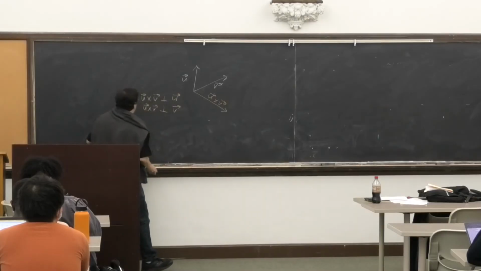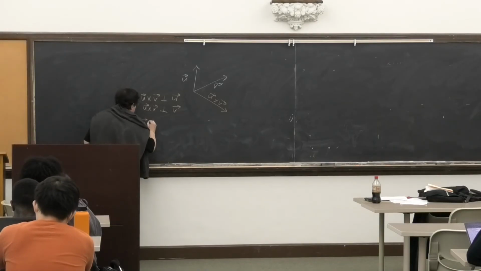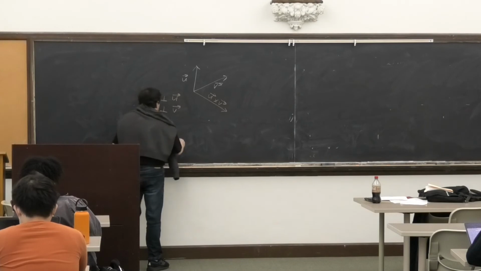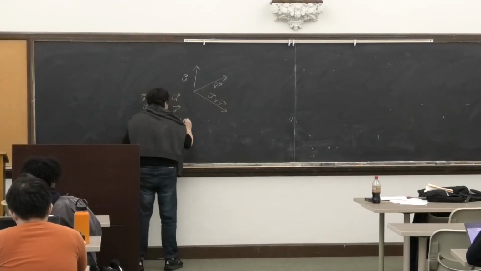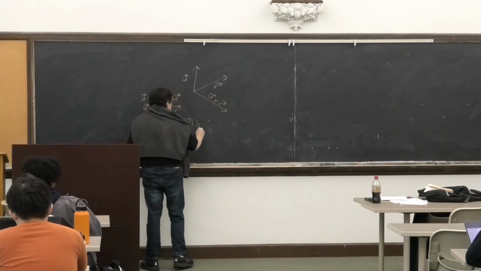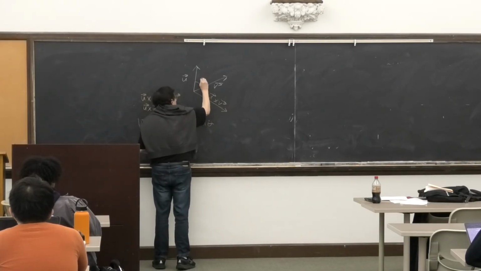In addition, it has a formula: the norm of u cross v is going to be equal to the norm of u times the norm of v times the sine of theta, where theta is the angle between them.